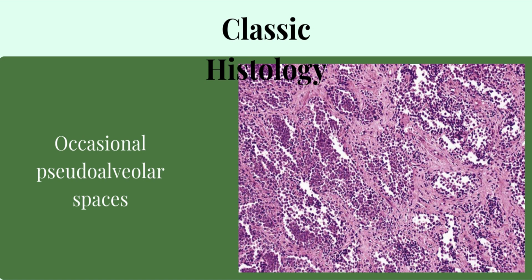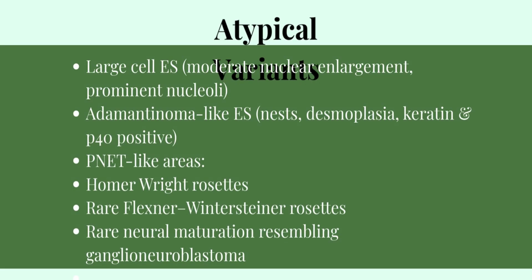Sometimes pseudovascular or pseudoalveolar patterns can mimic other sarcomas, but these represent degenerative changes. A subset of cases display atypical morphology. Large cell Ewing sarcoma shows nuclear enlargement and irregular contours.